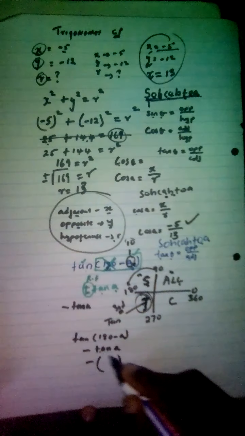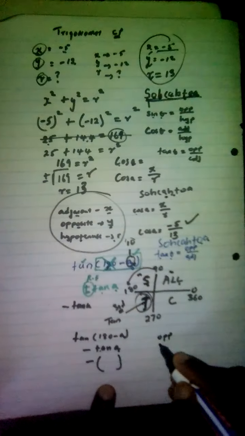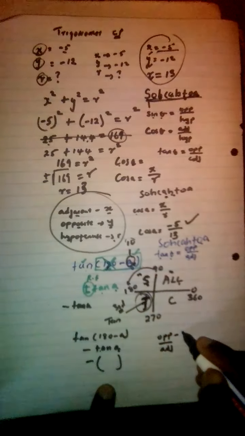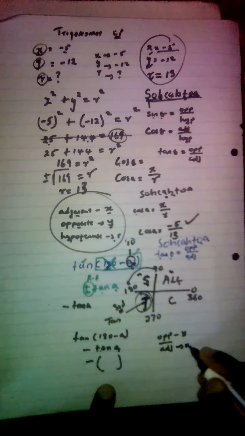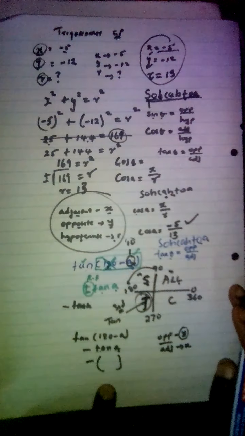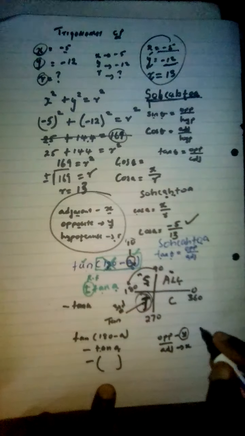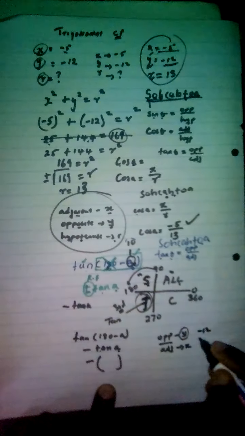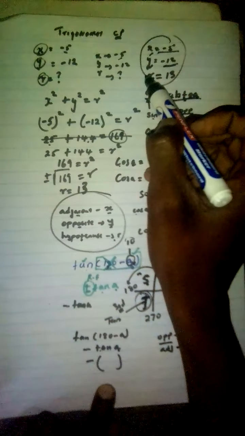We know tan alpha is represented by opposite over adjacent, and opposite is always y, adjacent is always x. How much was y from the Cartesian plane? If you still remember, the value of y is minus 12, and the value of x is minus 5.